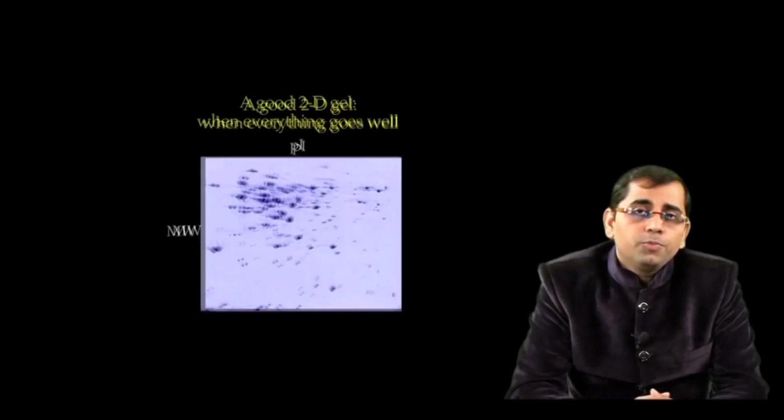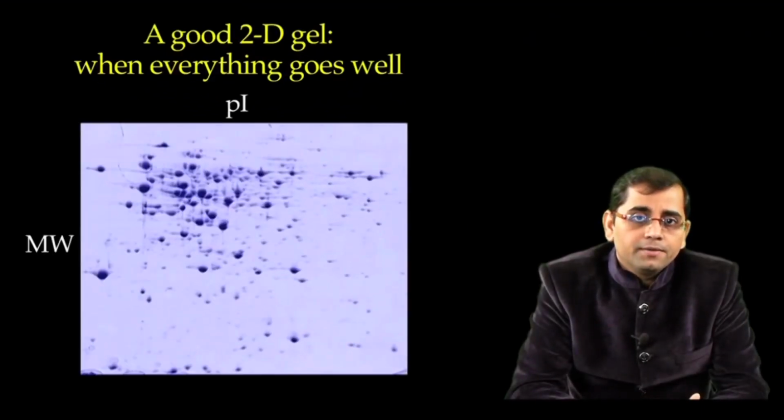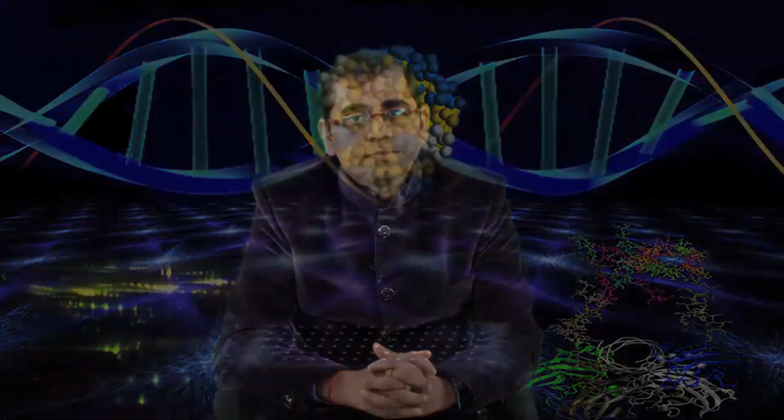If your protein separation and staining is fine, then at the end you should be able to see good protein separation on the gel. But many times there are different types of gel issues which could give rise to a very bad gel image.